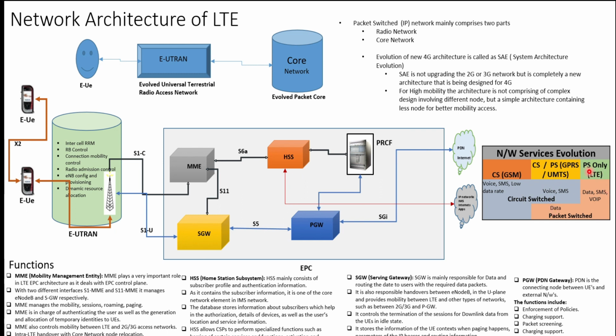Now PS service is nothing but packet switch service, which is exclusively for LTE, which handles voice, SMS and data with high throughput. So what are the main advantages of LTE compared to CS or GSM? LTE can latch on to this network or that network wherever LTE is not present. That is how we can see it.